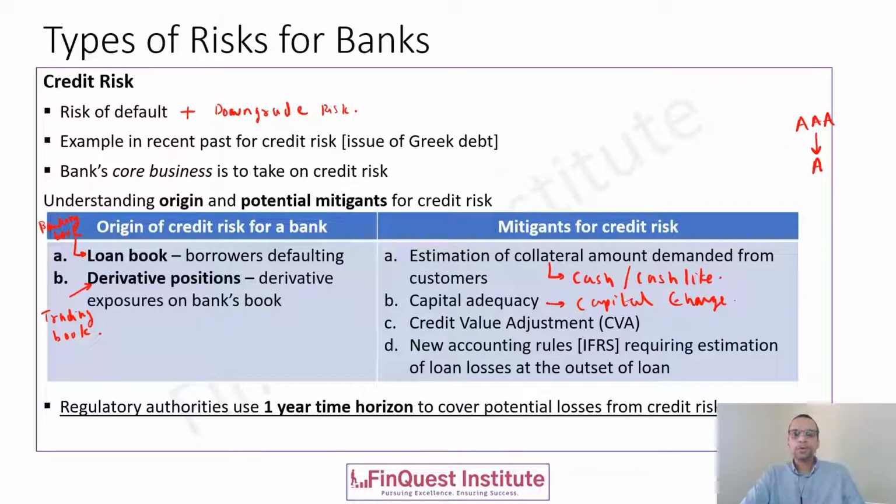So I need to figure out some way to allocate an additional amount of capital, because I may be exposed to potential credit defaults because of the downgrade of my counterparty. CVA is the answer to that question. CVA will tell me how much additional capital I need to put aside because my counterparty's rating has dropped from AAA to A.